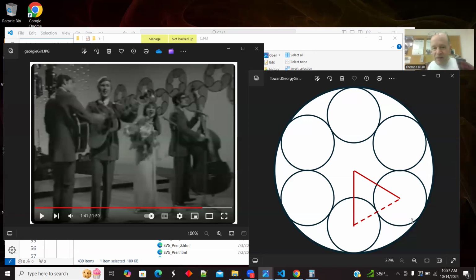And then these amoeba shapes are going to be three arcs. So I'm going to start on the edge of the outer circle and come along one of my inner circles until the point, not the first kiss, but the second kiss.